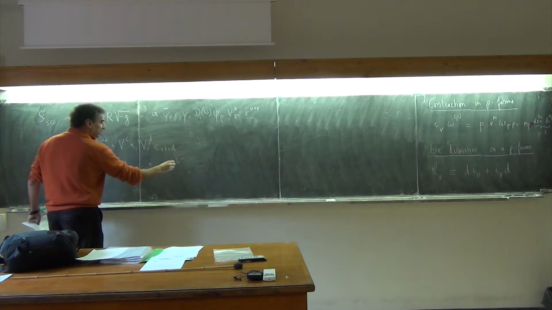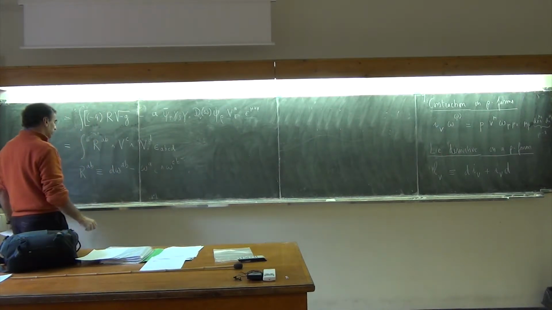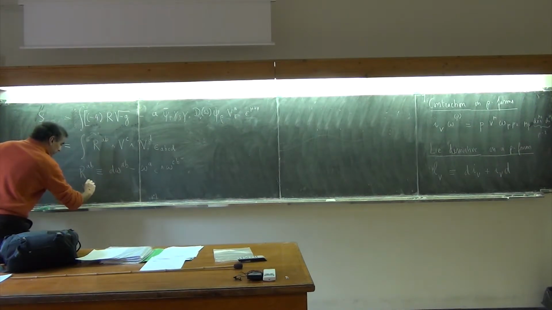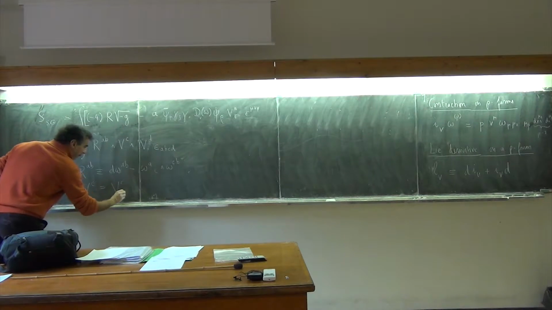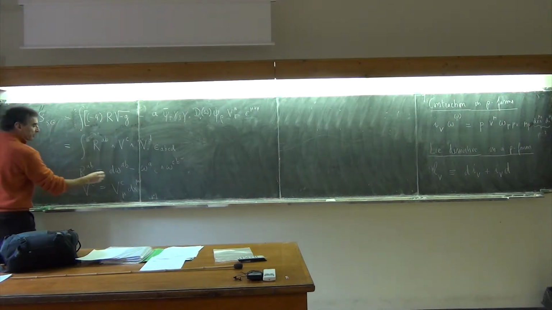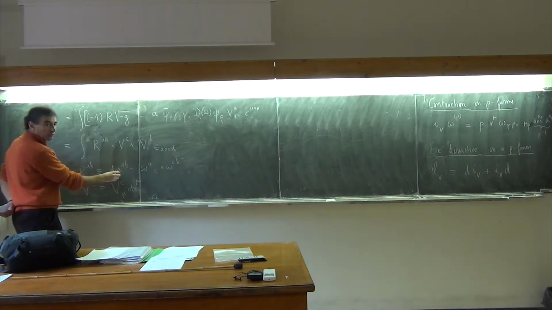Here I'm contracting indices with the Lorentz metric. And this field here is the vielbein, a one form on the manifold. This is a two form because omega is a one form.